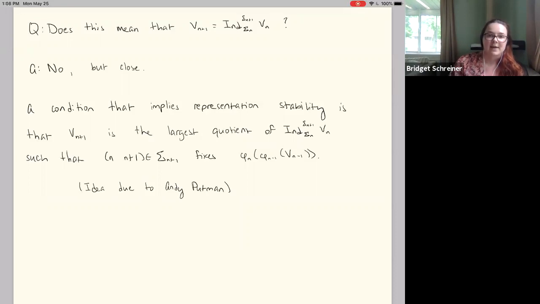The map tells us that the image of Vn minus 1 has to be fixed in Vn plus 1 by this transposition. And so it turns out that if you kill off everything that doesn't fix that, then it's fine. And we actually have representation stability. This condition is called central stability, and I think is sometimes equivalent, but it does always imply it.